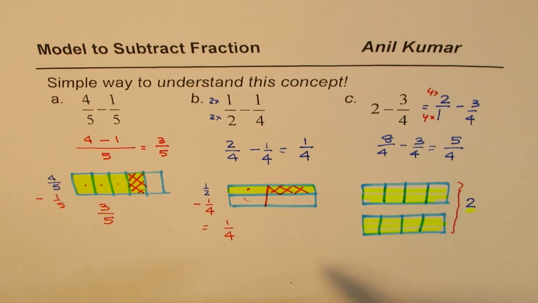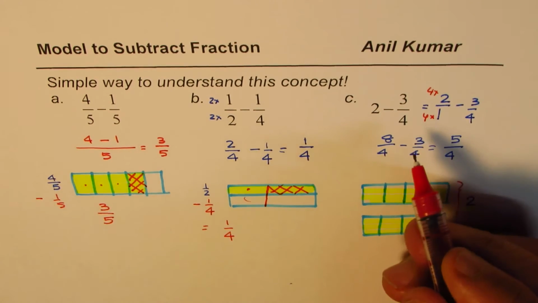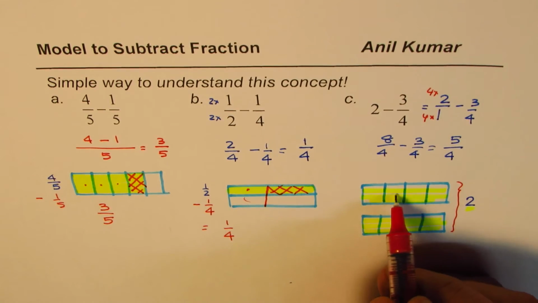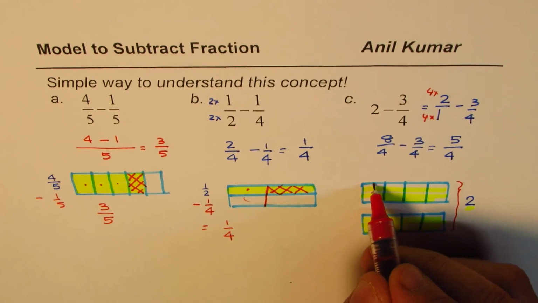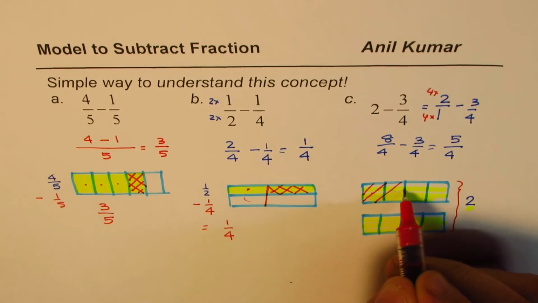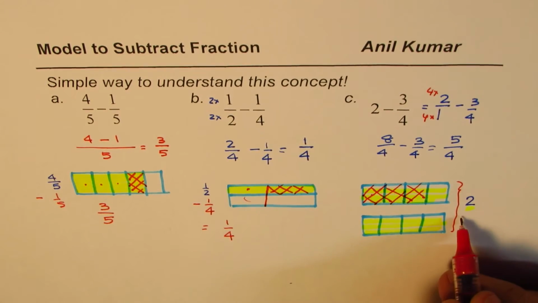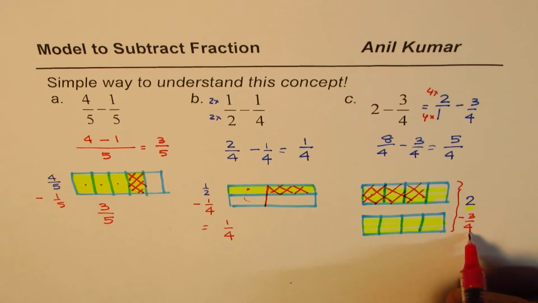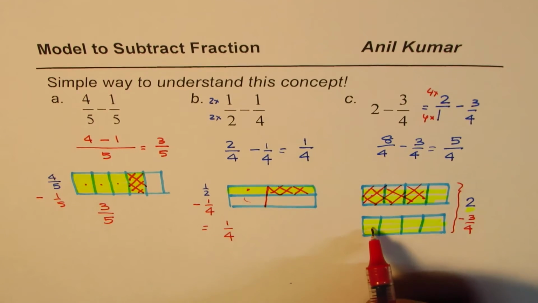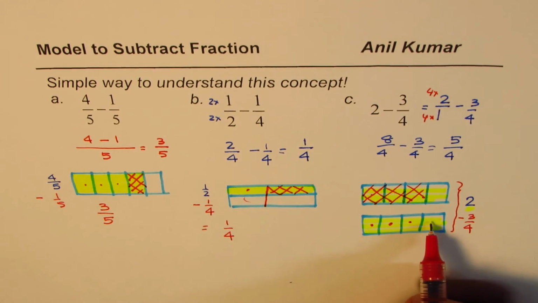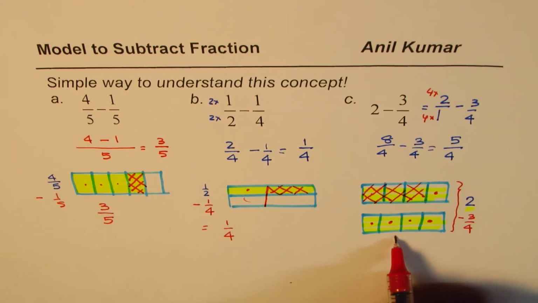That is 2, right? Now I have to take away 3/4. That means 3 out of 4. So out of these 4, 1, 2, 3, 4, let me take out 3. So these 3 have been crossed out. We take away 3 out of 4. What remains? 1/4, 2/4, 3/4, 4/4 and 5/4.